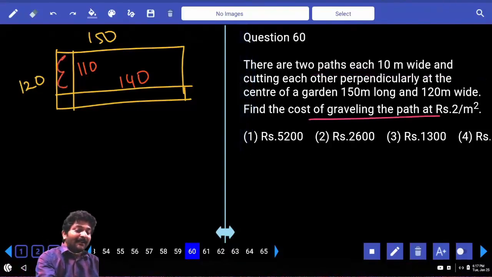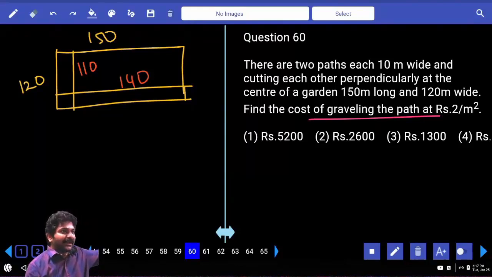We need the path area. For the path area, it is outer rectangle area minus inner rectangle area, right? There is another way also, I'll discuss that also. Now I'll concentrate on outer rectangle area minus inner rectangle area. Everywhere 4 numbers are there, we need the product of 2 numbers, and every number has 1 zero.